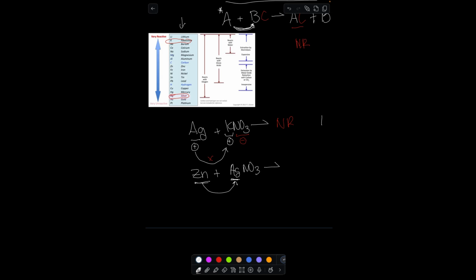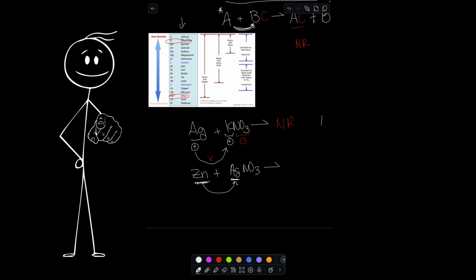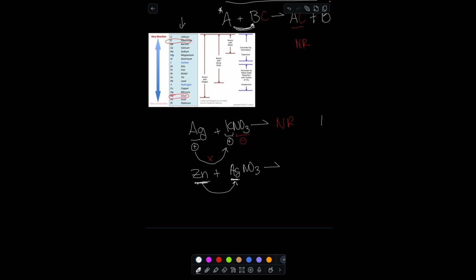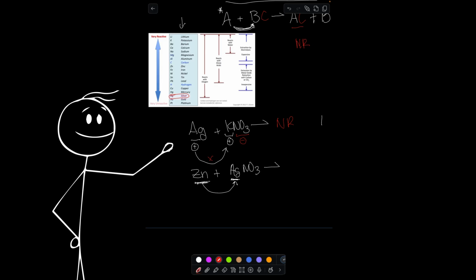So because Ag and Zn are both metals, they're going to be compared to each other. Okay, so let's look at them on the list. As you can see, Ag is at the bottom, but Zn is at the top. So in this case, yes, the reaction will proceed.